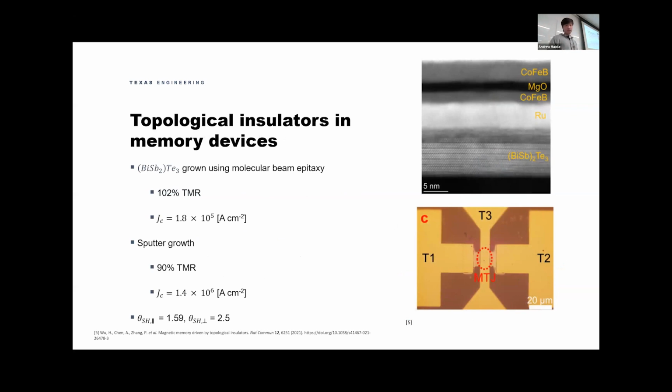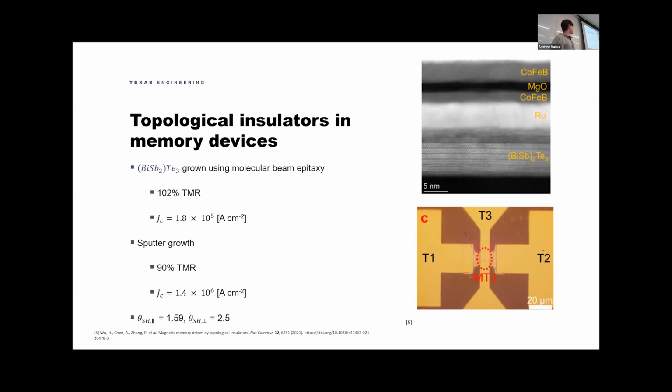Although these types of materials are relatively new, there has been some work done on them recently. And here is a BiSb2Te3 growth, shown right here. And this was done using both molecular beam epitaxy in combination with sputter growth, as well as a pure sputter growth.